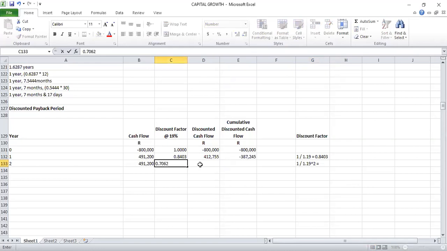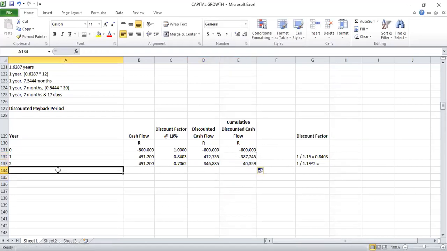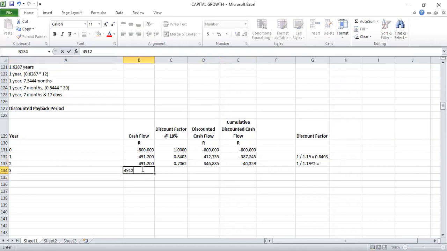Our discounted cash flow is just the same, we multiply. Then our cumulative cash flow again, we do the same way. It's still negative, so we'll continue to year 3. This would be 491,200.